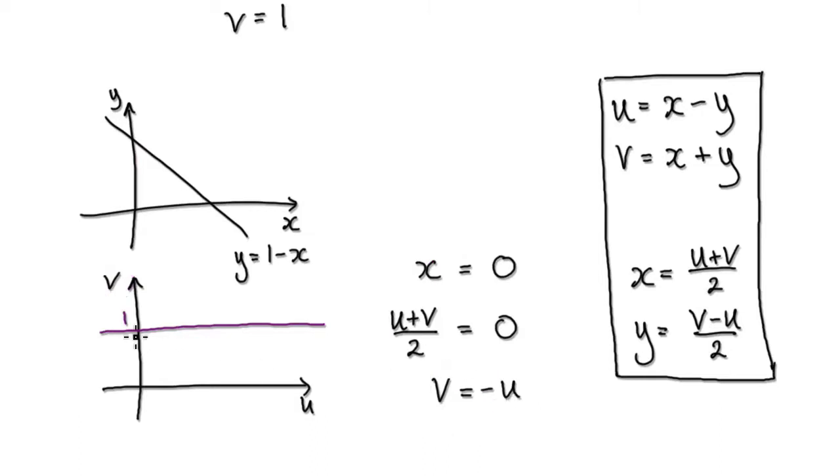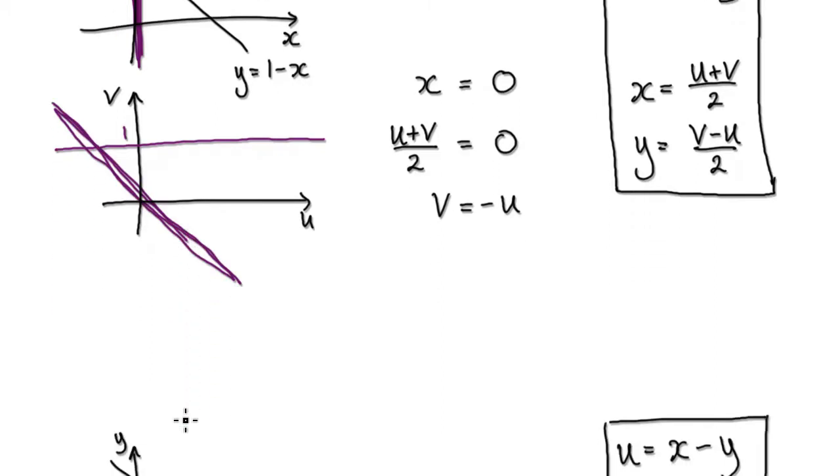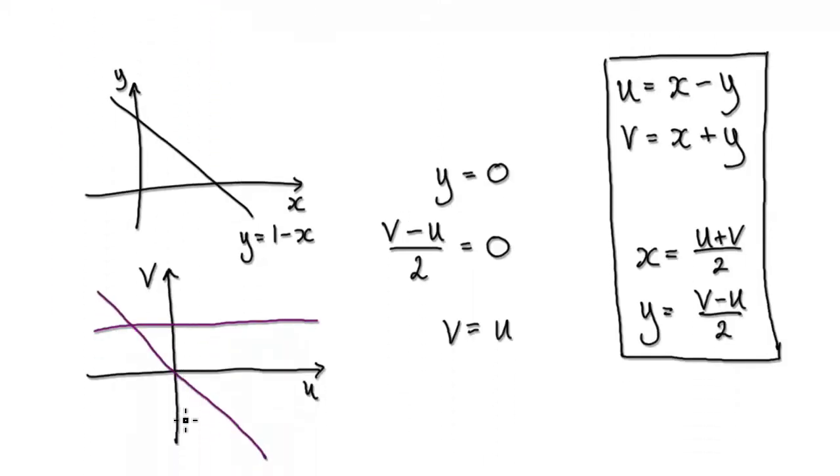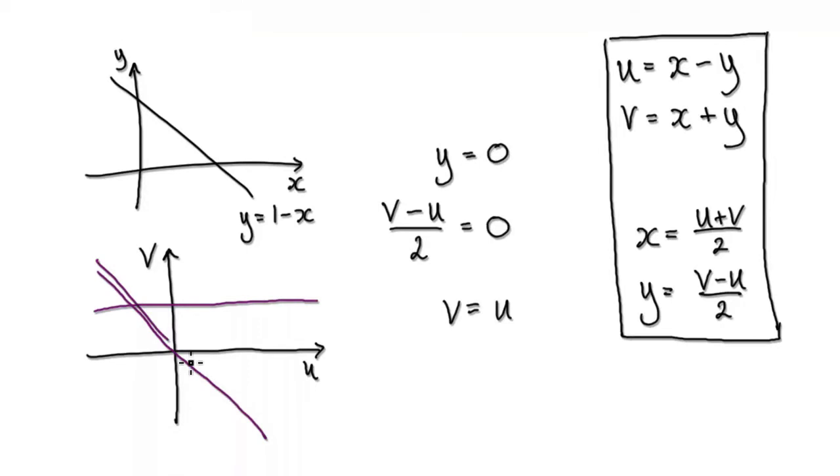That means it looks like this. v equals minus u will be this diagonal line here. So this line here will get morphed into this diagonal line here.